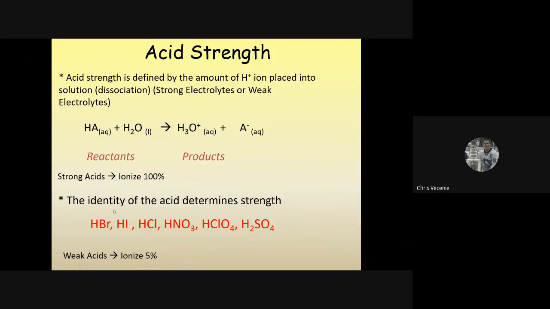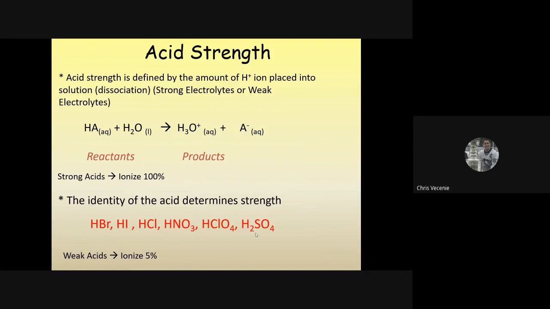So if I were to put hydrobromic acid into water, you would say it breaks down 100%. Hydroiodic acid, 100%. Hydrochloric acid, 100%. Nitric acid, 100%. Perchloric acid, 100%. And sulfuric acid, 100%.